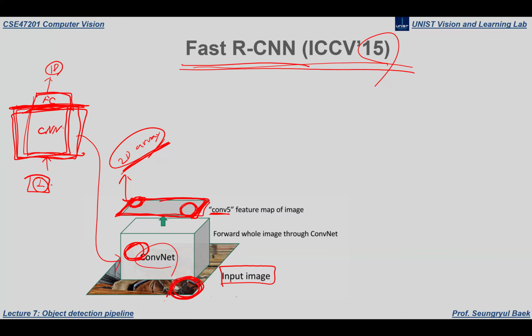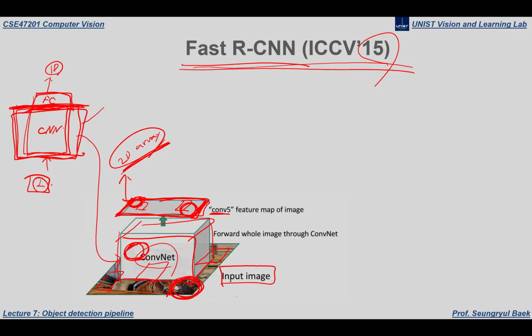So rather than applying the selective search bounding boxes in the image space, we can apply that kind of approach in the 2D feature map. This is actually a very important idea. Thanks to this scheme, we can apply the CNN operation just once, rather than applying it for the number of bounding boxes.